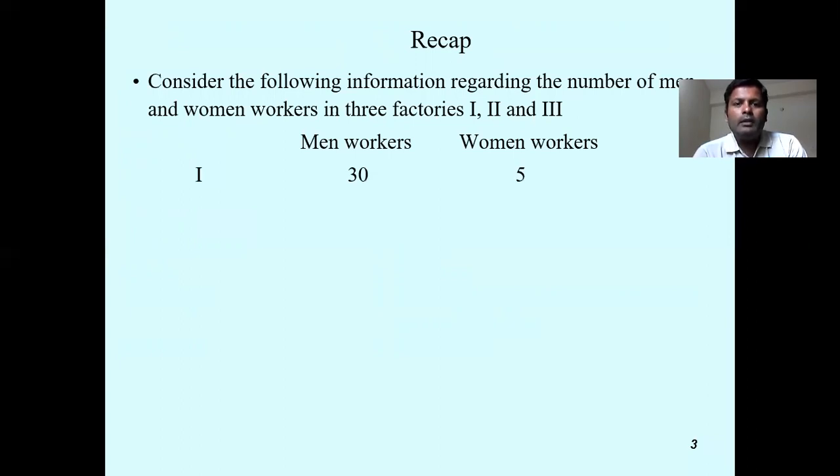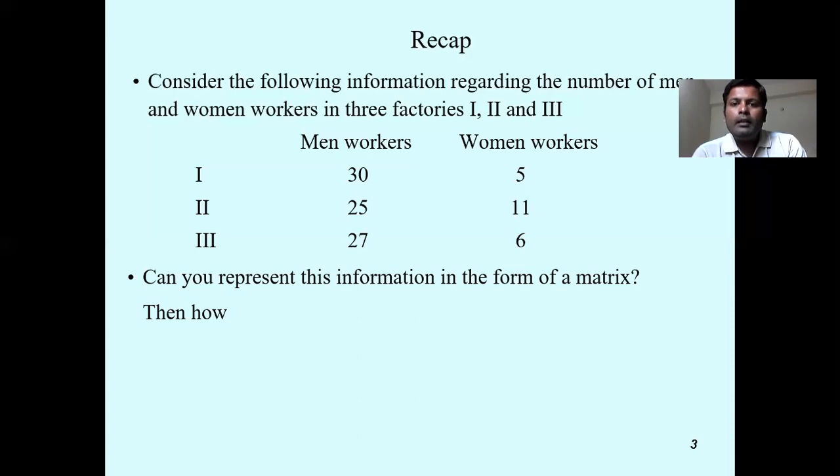In the first one, 30 and 5. Second one, 25 and 11. Third one, 27 and 6. Can you represent this information in the form of a matrix? Yes, it is 30, 5, 25, 11, 27, 6.